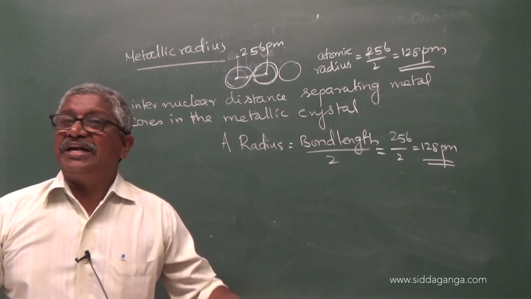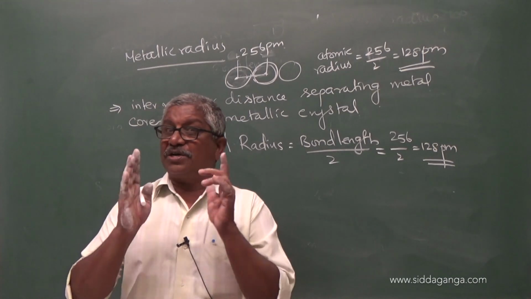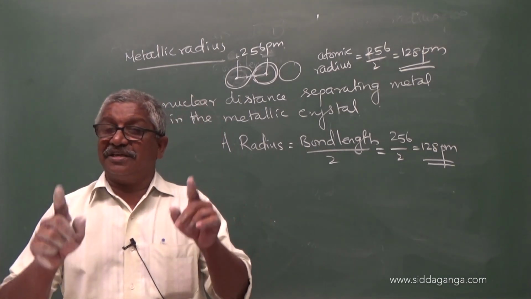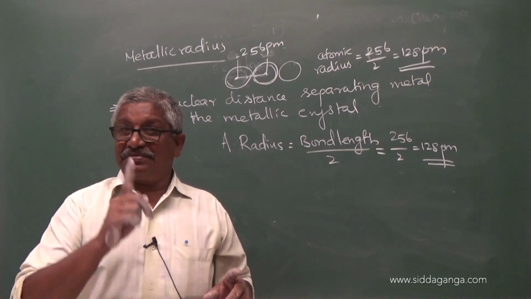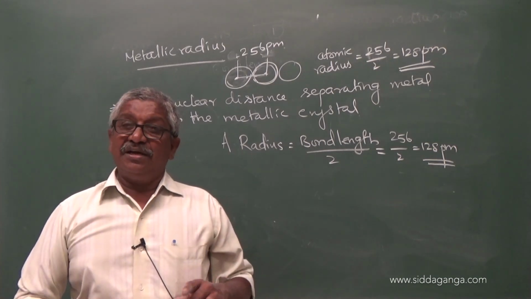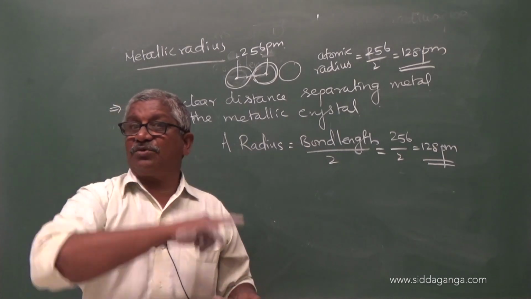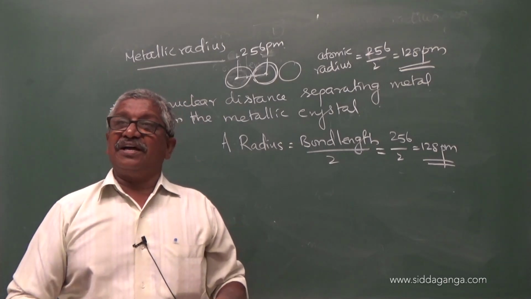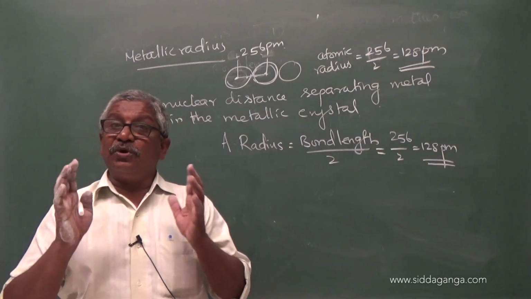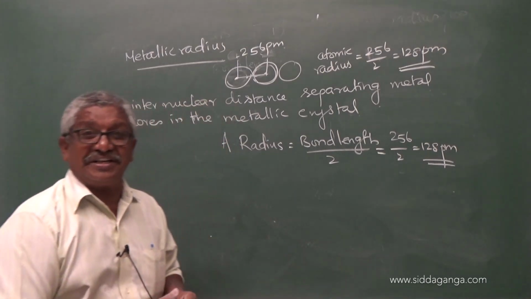So covalent radius is related to two bonded atoms, and van der Waals atomic radius is related to two non-bonded atoms. Half of the distance between the nuclei of two non-bonded atoms gives the van der Waals radius. Half of the distance between the nuclei of two bonded atoms gives the covalent atomic radius.